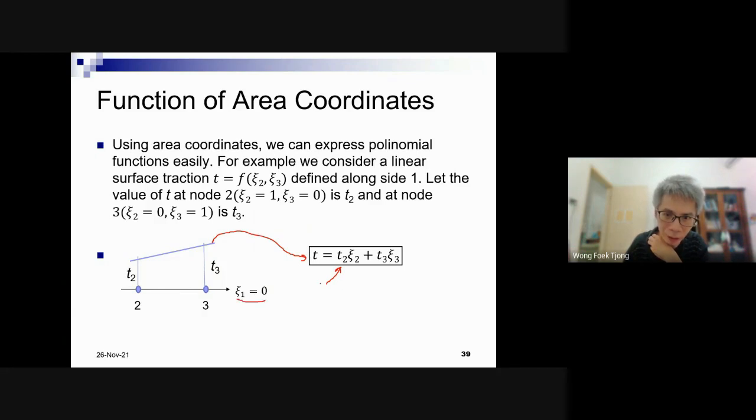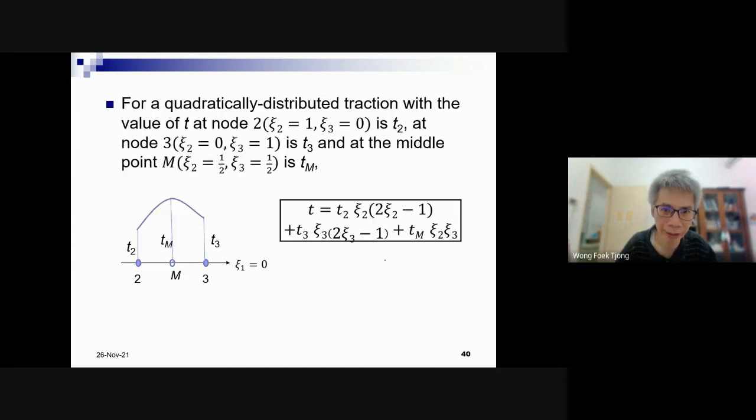Because C1 is 0, of course, the only ones left are C2 and C3. So a function of C2 and C3, okay? Any questions? So a line, if we know these values, can be expressed in terms of the area coordinates like this. Well, next, how about quadratic?